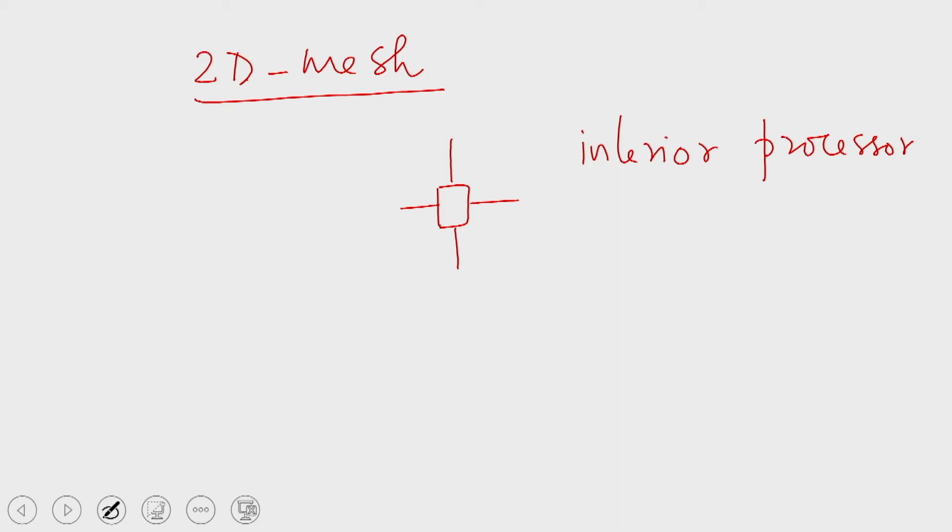A processor along the edge will have 3 neighbors, along the top edge will have 3 neighbors, and a corner processor will have only 2 neighbors. That is, the degree of a vertex is 2, 3 or 4.